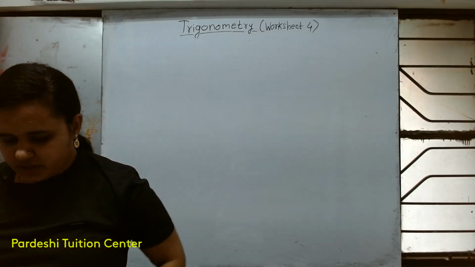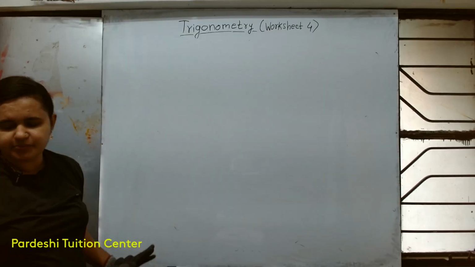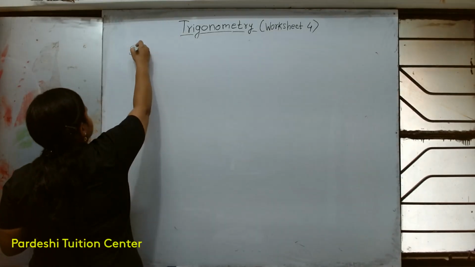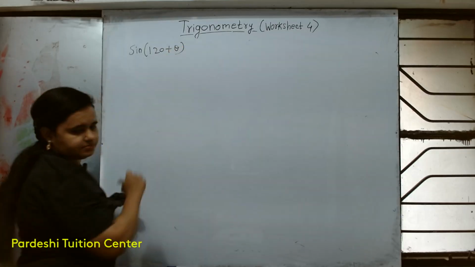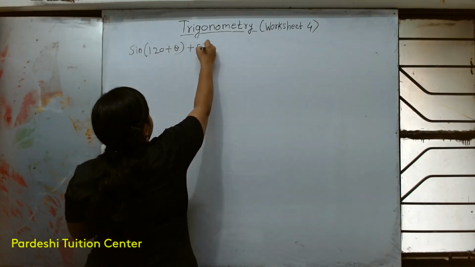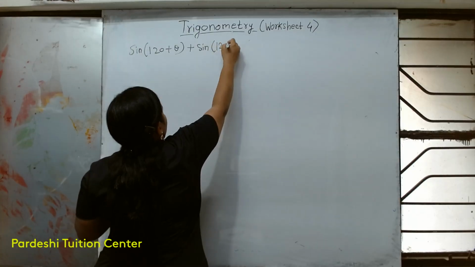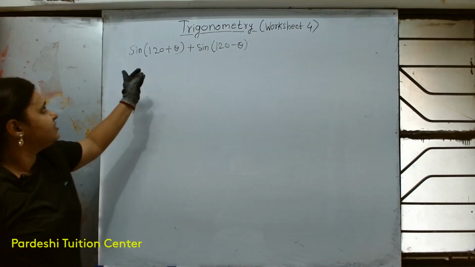Now the third one is again sine of (120 plus theta) plus sine of (120 minus theta). Do you remember what it is?